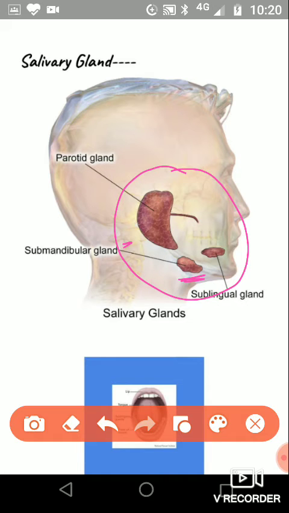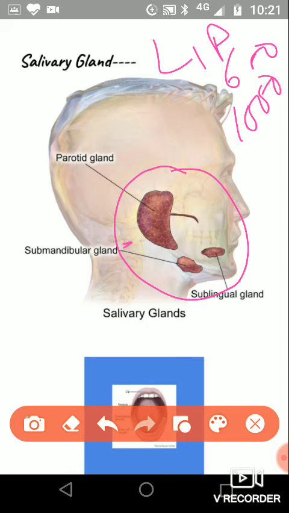These are the different kinds of salivary glands. Even in our lips there are salivary glands. There are approximately 600 to 1000 small salivary glands present in our mouth.